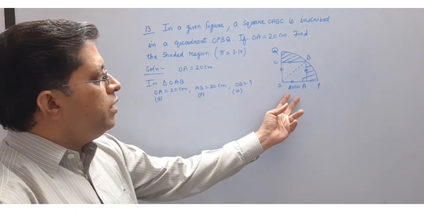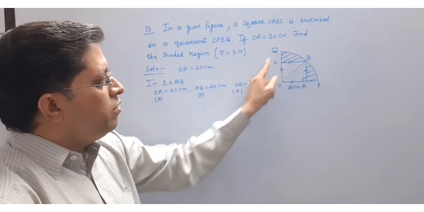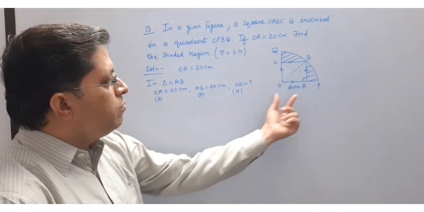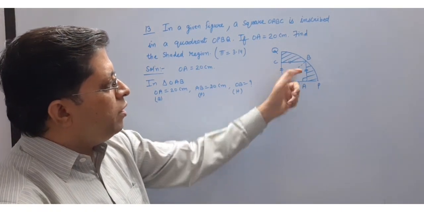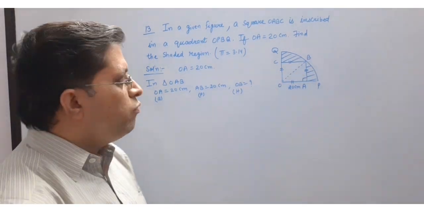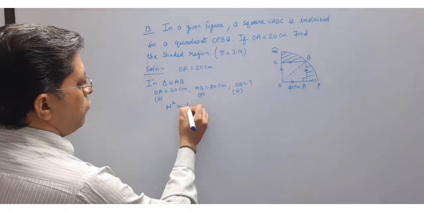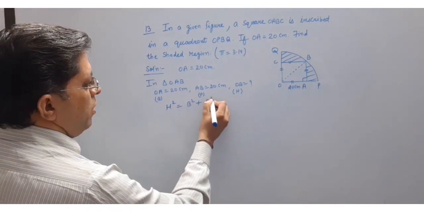Okay, this is 20, then because it is a square, all sides are equal, then all sides will become 20. And this is base, this is perpendicular, hypotenuse you have to find out. So hypotenuse h square is equal to b square plus p square.